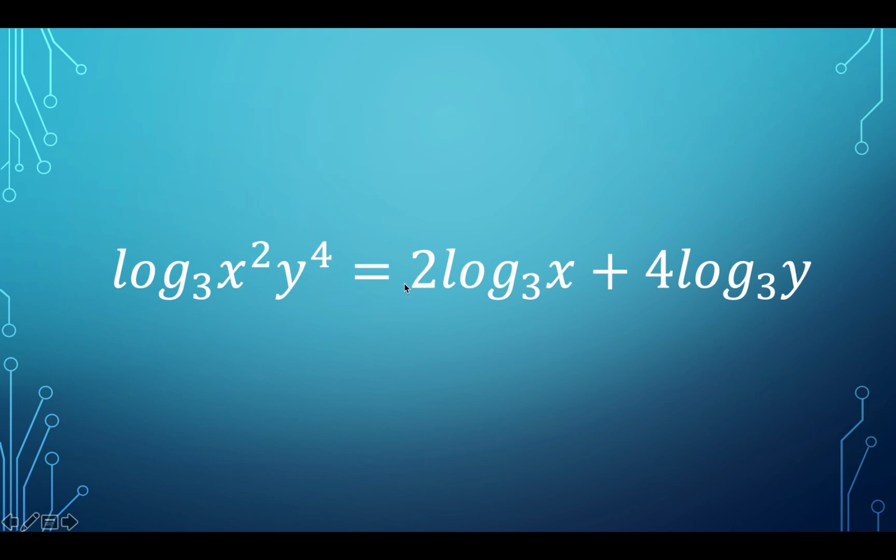So the first one is 2 times log base 3 of x plus 4 times log base 3 of y. Now if I kept adding, if I put like z to the 5th, I would have plus 5 log base 3 of z. You just keep going on. If I had 100 terms here, you would just keep adding plus log base 3 of whatever, plus log base 3 of whatever.